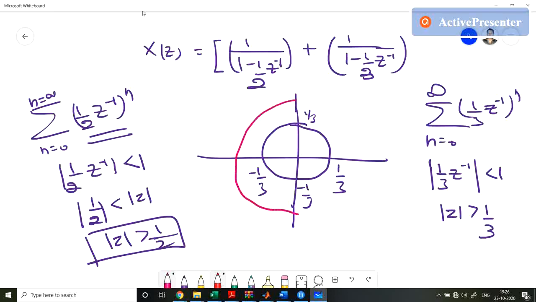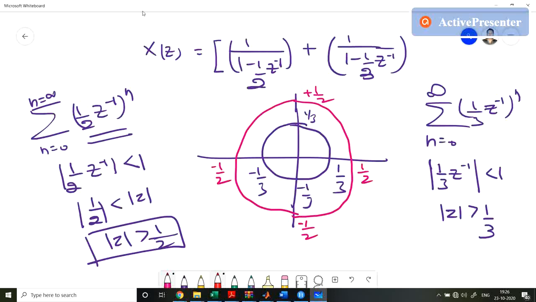It is 0.5, which is greater than 1/3. So now we can say that the ROC is |z| greater than 1/3, and it is also |z| greater than 1/2.